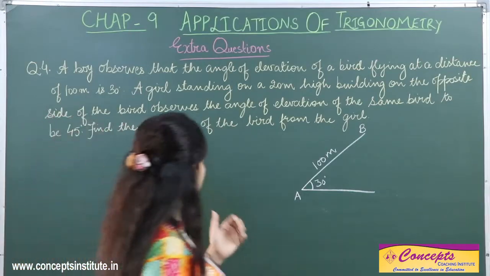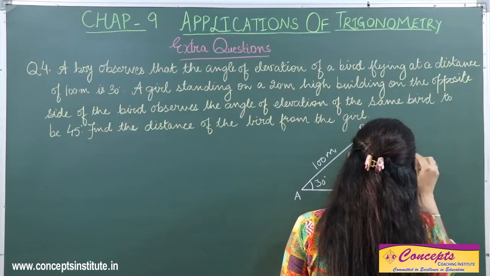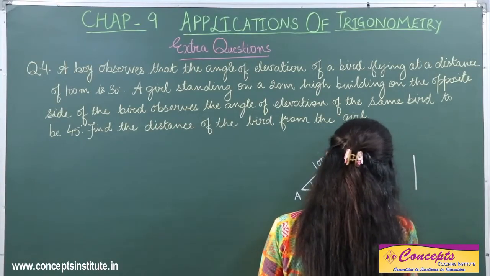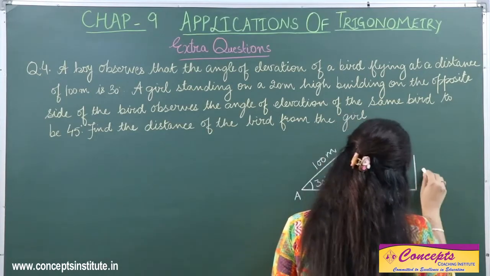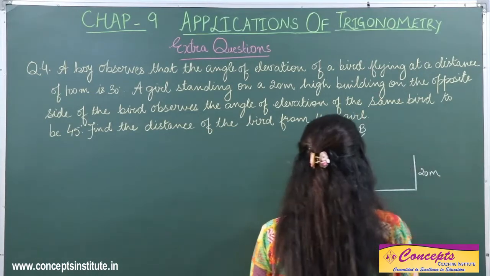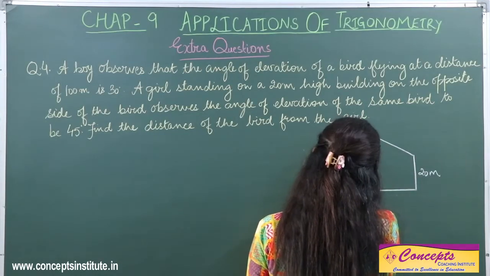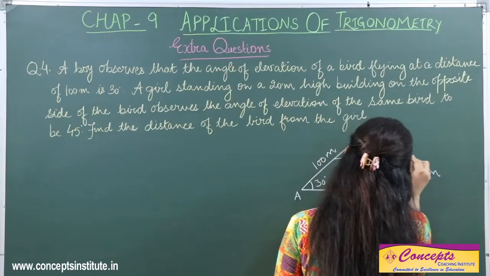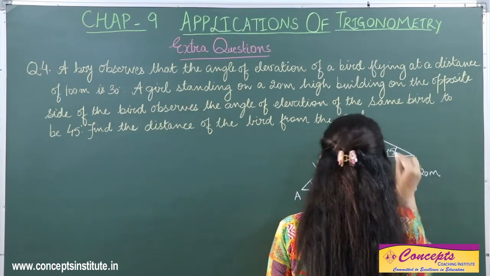Observes the angle of elevation to be 45 degree. So let's say the girl is standing here on the top of a 20 meter high building and she observes that the angle of elevation, so obviously it would be with the horizontal, and this angle she observes that this angle is 45 degree.